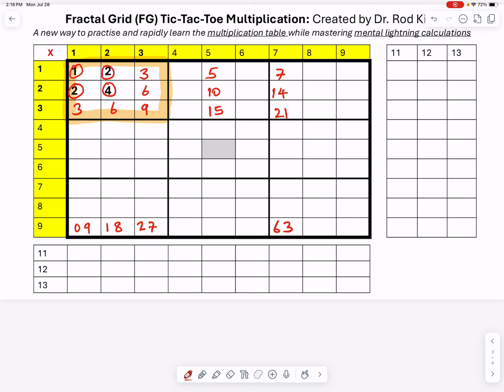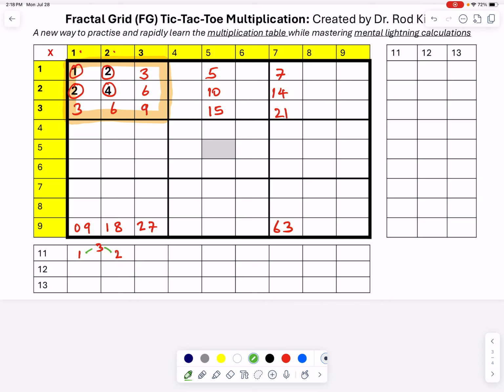For example, when you are multiplying by 11, 11 times 12 means you are considering these 2 times 11. So 11 times 12, you would write down the digits 1 and 2, which make up 12. And then 1 plus 2 gives you 3, and your answer would be 132.